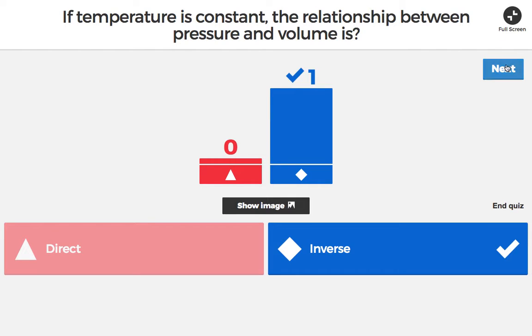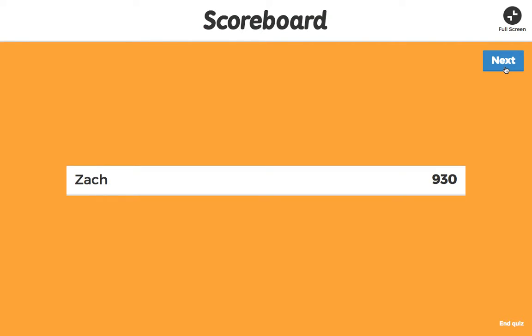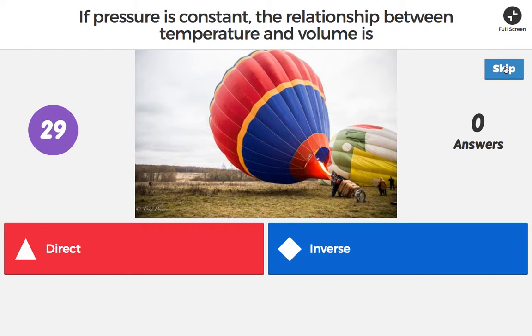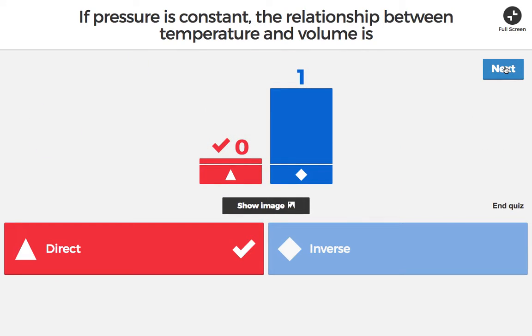I have 13 questions that are focused on the chemistry unit, behavior of gases. I designed this Kahoot as an in-class review to be played prior to the unit exam, and as a means to review some core concepts.